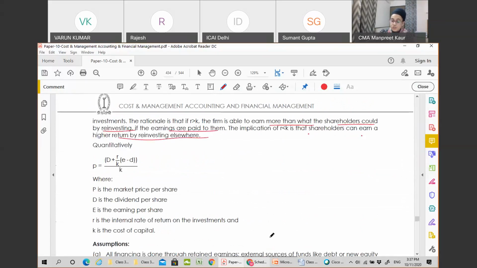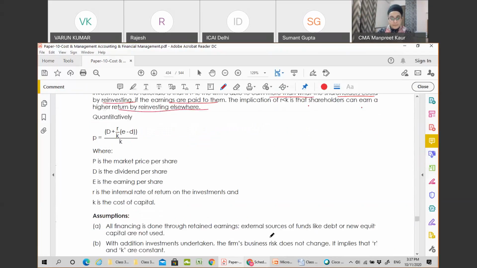It is a relationship between the R, internal rate of return ज्यादा होगी अगर cost of capital से, तब firm is able to what the shareholder could be by reinvesting if the earnings are paid to them. It means हमें उनको डिविडेंड्स की फॉर्म में तो देना ही देना है, अपनी कुछ अर्निंग्स को रिटेन करके रखना है. किस तरह से पता चलेगा? ड्यू टू इंटरनल रेट ऑफ रिटर्न.